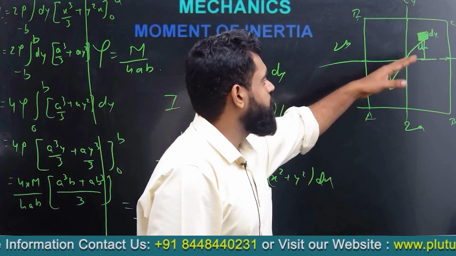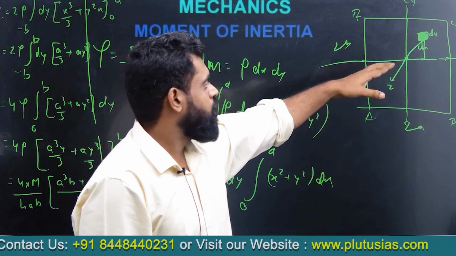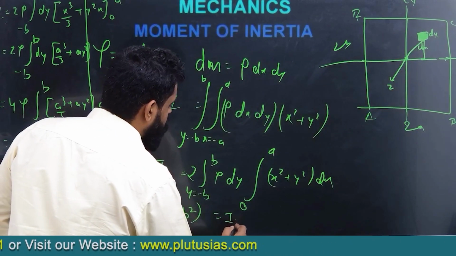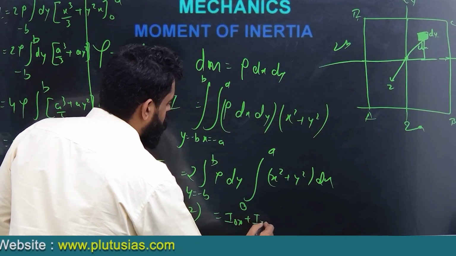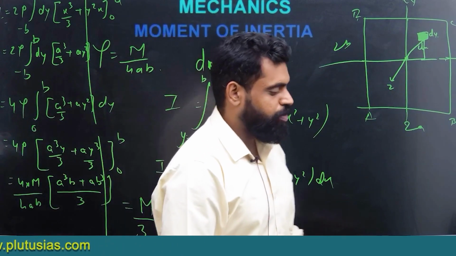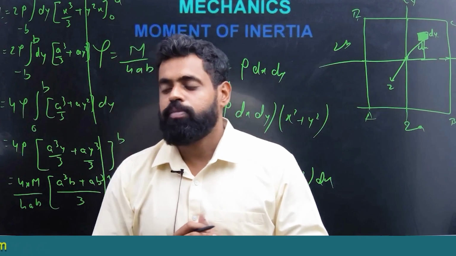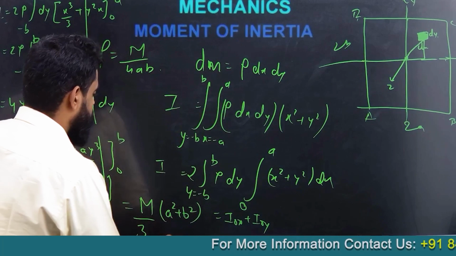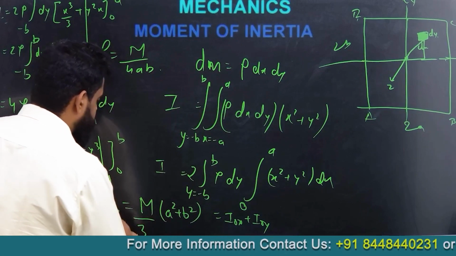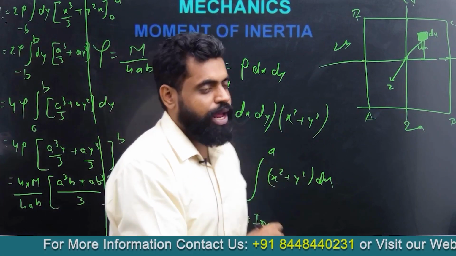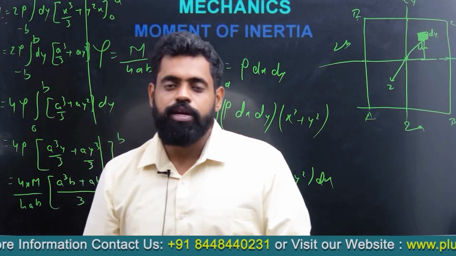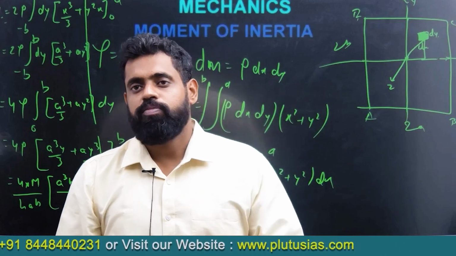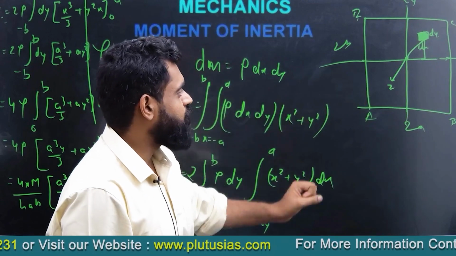This would be from the center, about this z axis, and this can be written as IOX plus IOY. As we have calculated in the previous case, IOX is Ma square upon 3 and IOY is Mb square upon 3. So this is nothing but IOZ, and this is only the perpendicular axis theorem also, that IOZ is equal to IOX plus IOY if passing through the fixed point, the center of mass of the body.